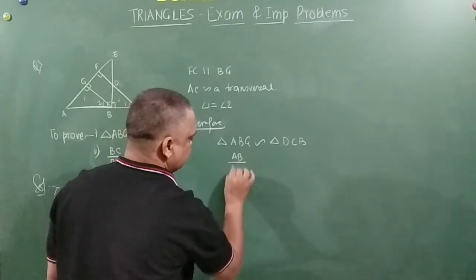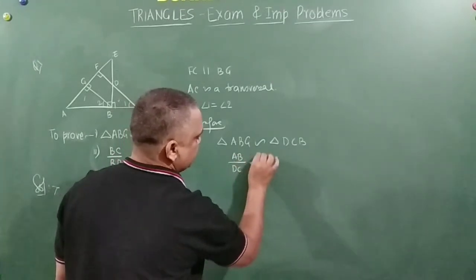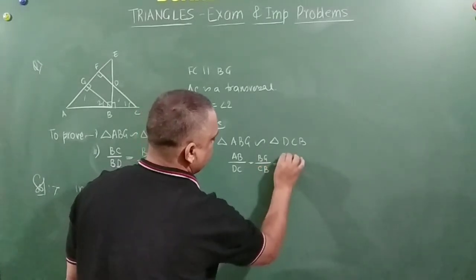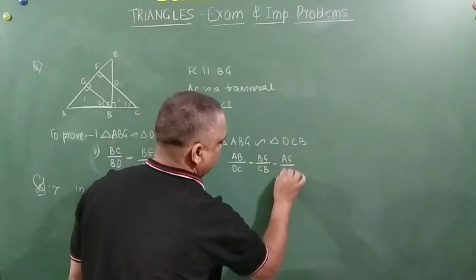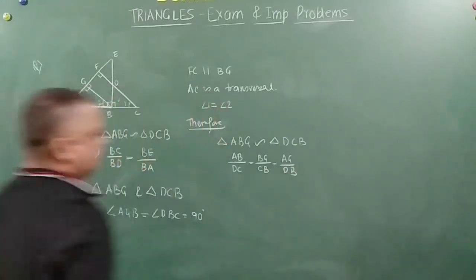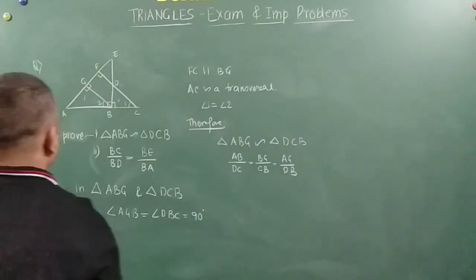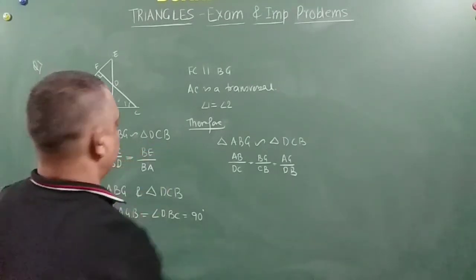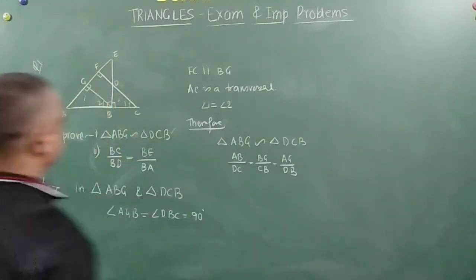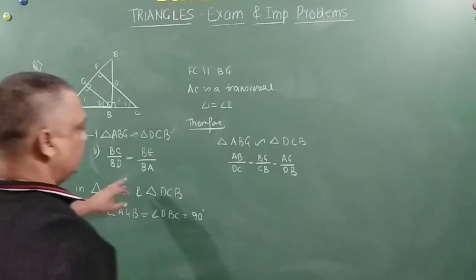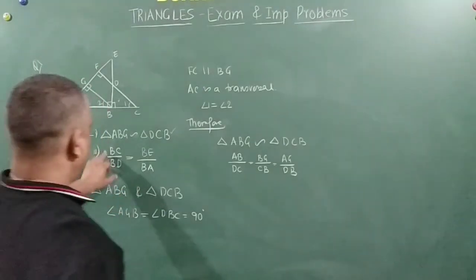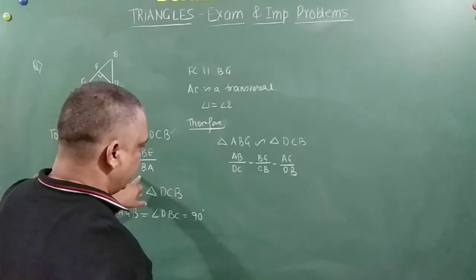AB by DC is equal to BG by CB is equal to AG by DB. Right, friends? Okay. So what was to be proved? Angle ABG is DCB. Okay. So one part is done. Right? No problem. Now it is coming to BC by BD and BE by BA.